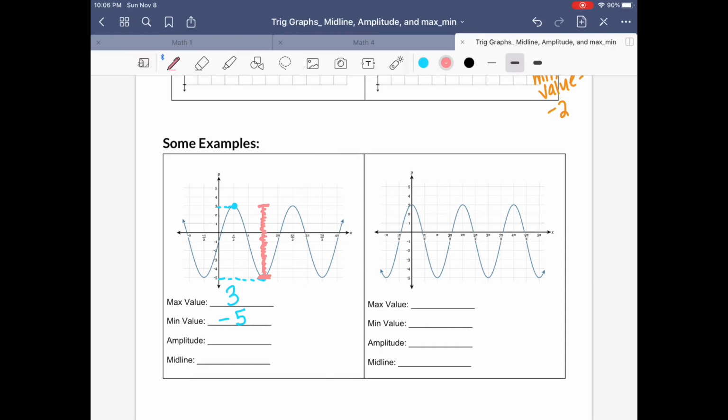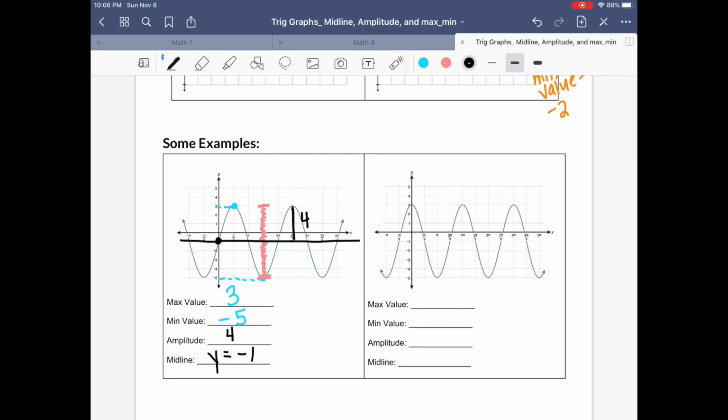If it's 8 units tall, that means we're going to have a midline at 4 units. So my midline is where it splits it in half. So my midline is actually going to be the equation y equals -1 because it's crossing the y-axis at -1. So my amplitude is half that. So my amplitude is actually going to be 4 because it's that distance from the midline to the top of one of the hills or to the bottom of one of the valleys in that wavelength.